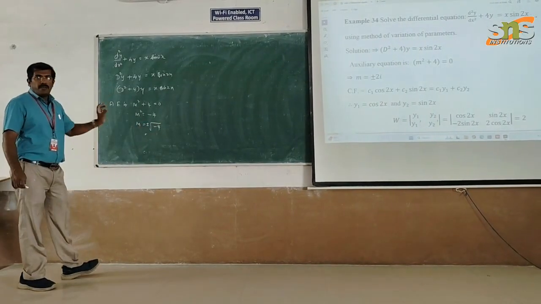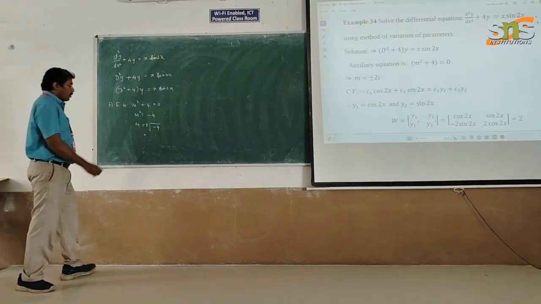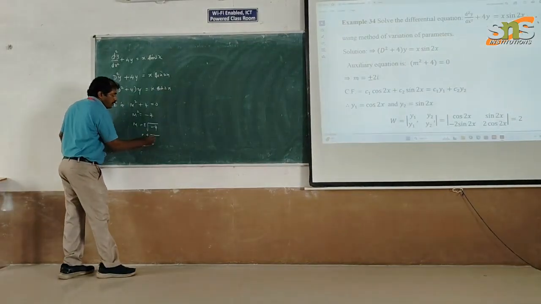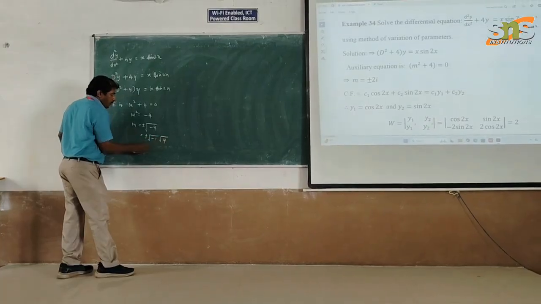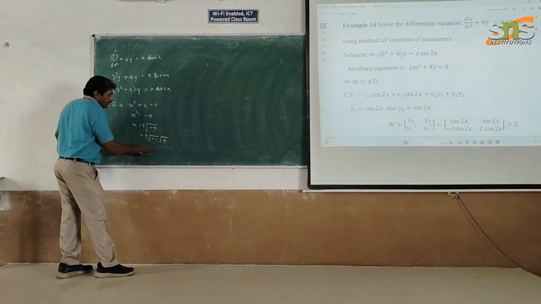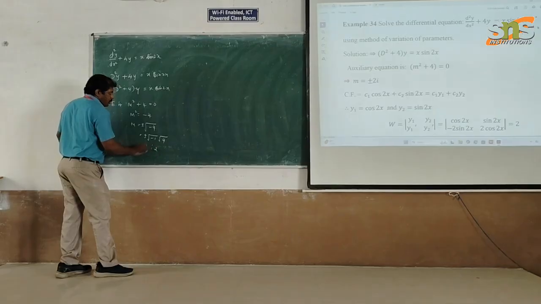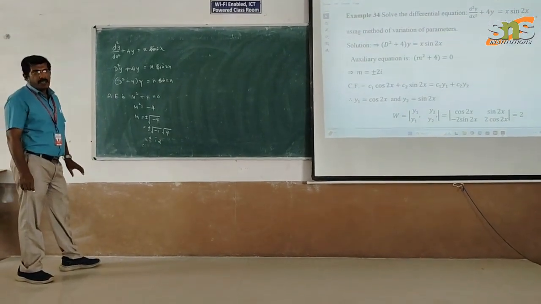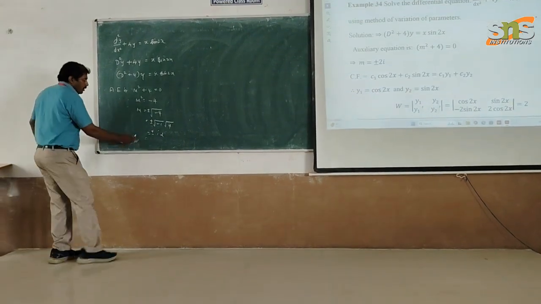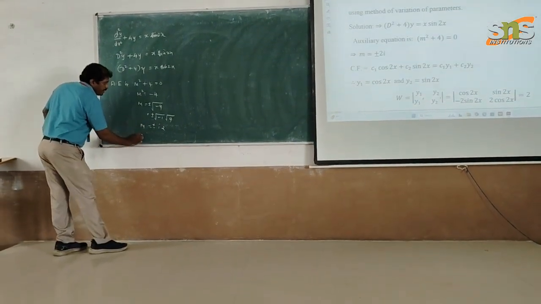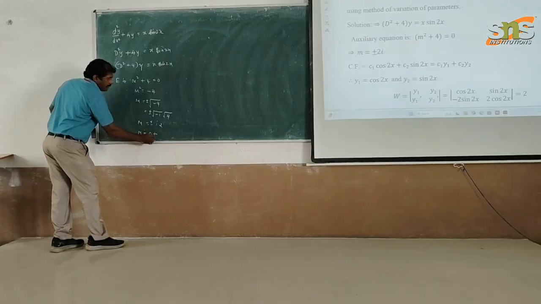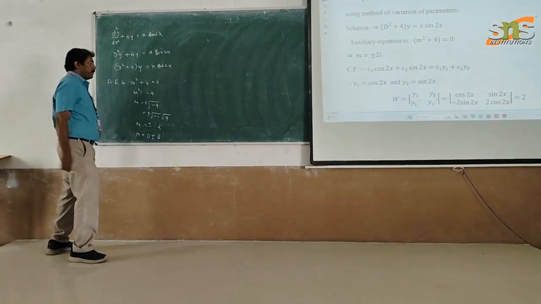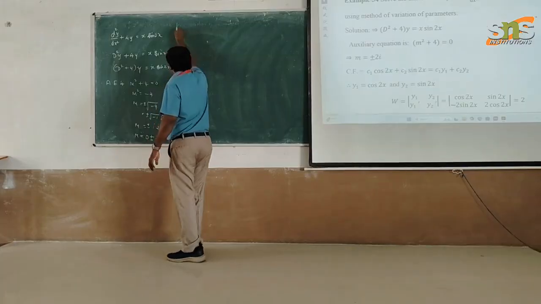You have a minus term inside the root, so you can split this: root of minus 1 times root of 4. Root of minus 1 is i, root of 4 is 2. So you have a complex root here, which can be rewritten as m is equal to 0 plus or minus 2i. So what is the complementary function formula for this?